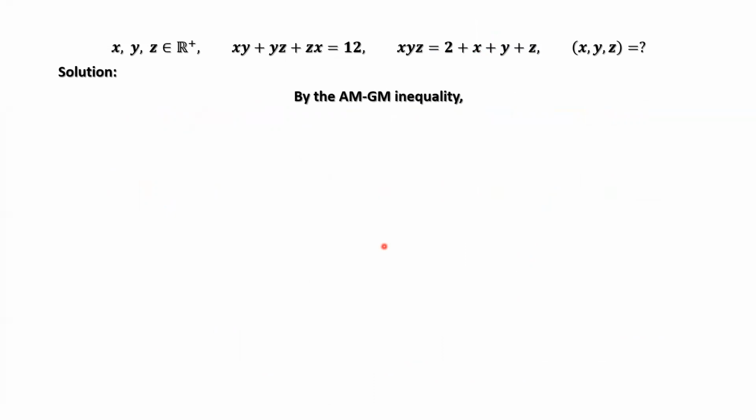We are going to use an important inequality, the arithmetic mean and geometric mean inequality. From the first given equation, we have 12 equals xy plus yz plus zx.